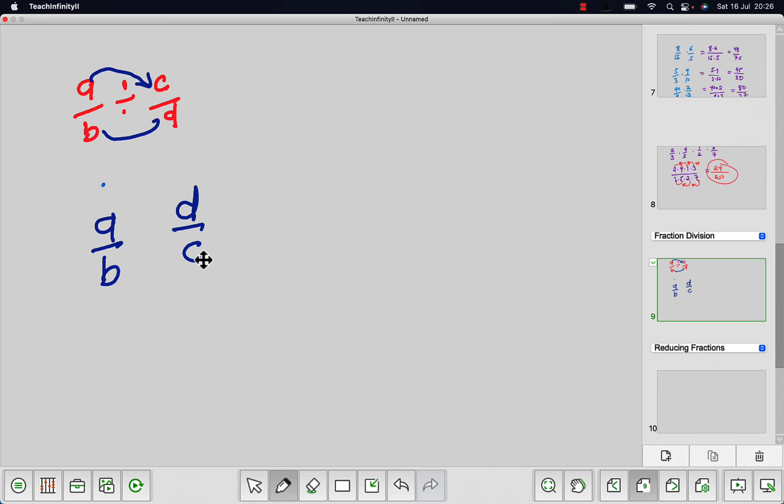Now the moment you switch the second fraction, the sign changes from being a division to a multiplication. So you can now multiply the numerators, a times d, and then b times c.